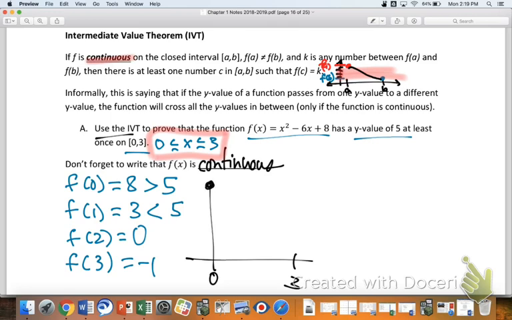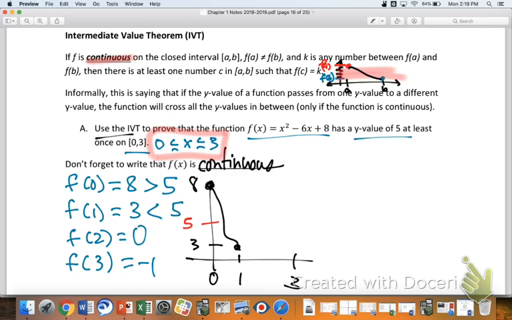F of 0 is 8. F of 1 was 3. So there's 8. There's 3. Something like that. And remember, our target value is 5. So as long as f is continuous, do you see how it would be impossible to go from here to here without hitting a y value of 5 somewhere?